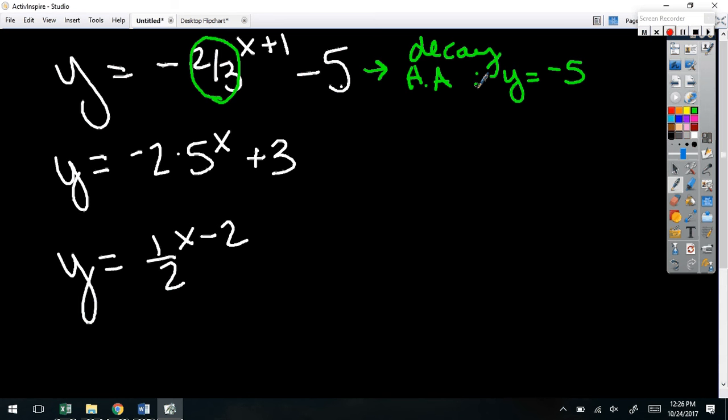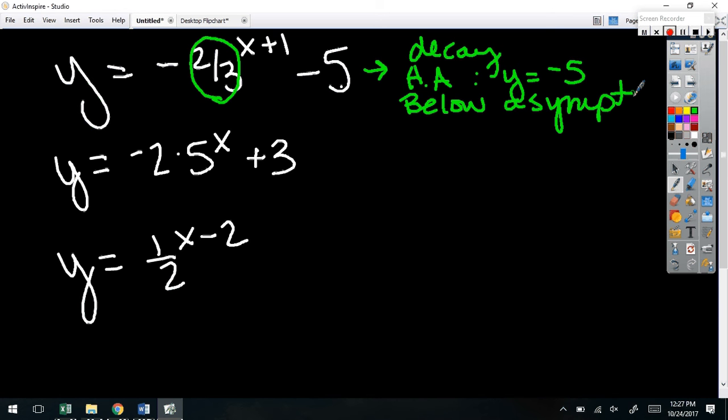With the graph, since this is decay, think about what decay looks like. It's either going to come down and hug the asymptote this way, or it's going to be below the asymptote like that. Is this one above the asymptote or below? Below. Why? Because A is negative, so that means my graph is going to be below. And finally, what is an easy point to graph for this?